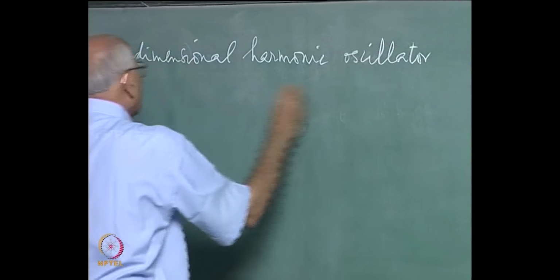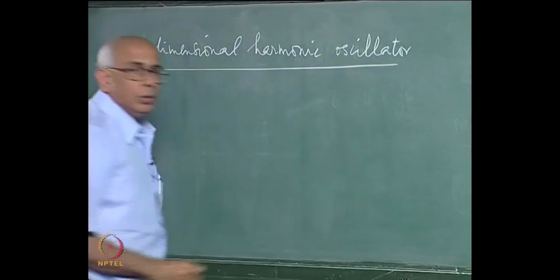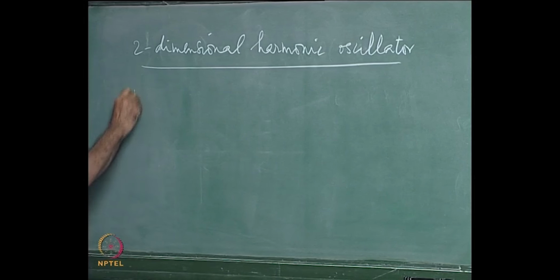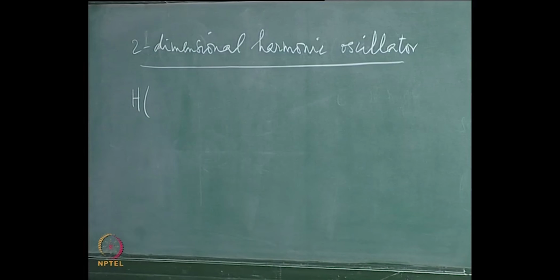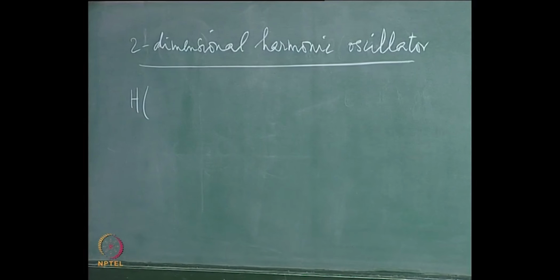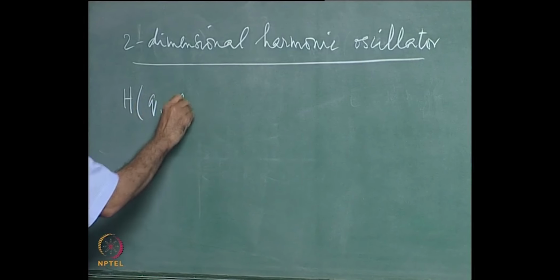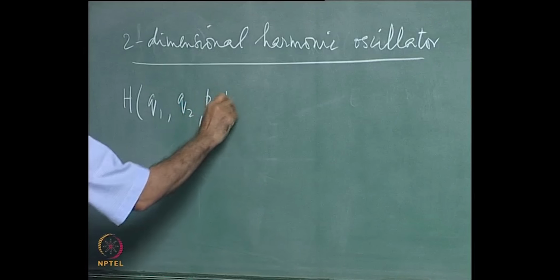You could imagine this to be two simple harmonic oscillators at right angles to each other, which you are familiar with from elementary physics. I write down now the Hamiltonian, and since we have decided to call q and p the coordinates and momenta, let me call this q1, q2, p1 and p2.